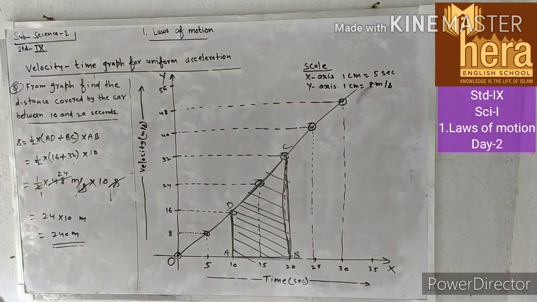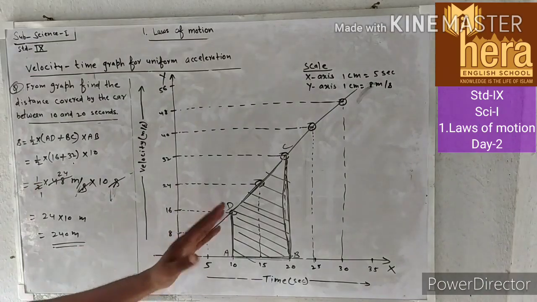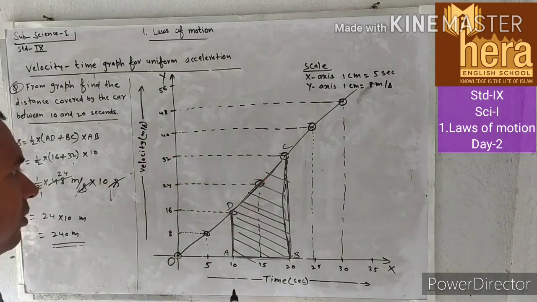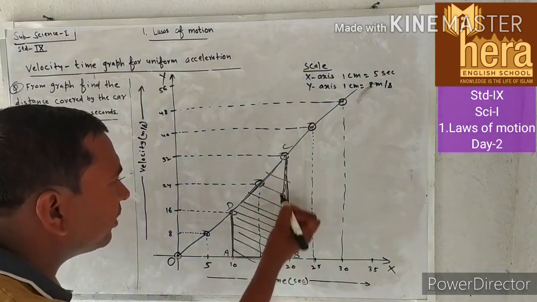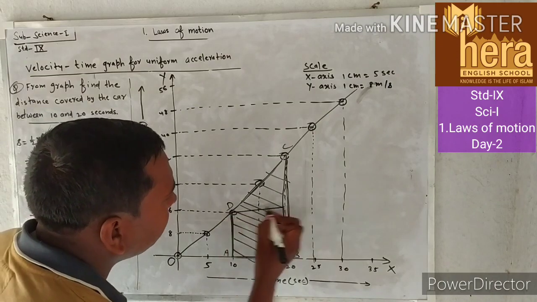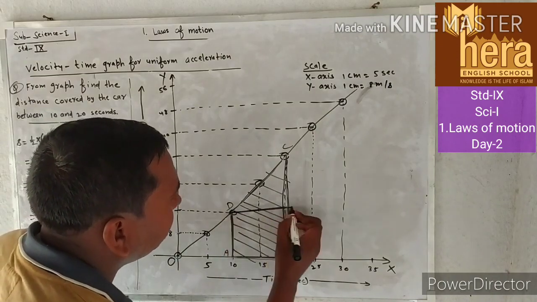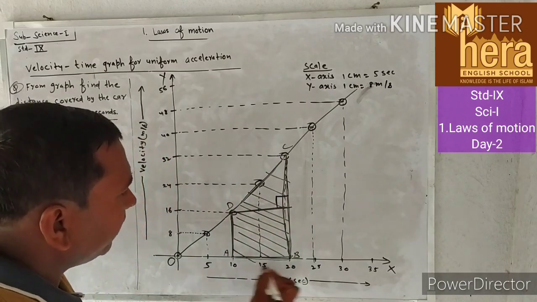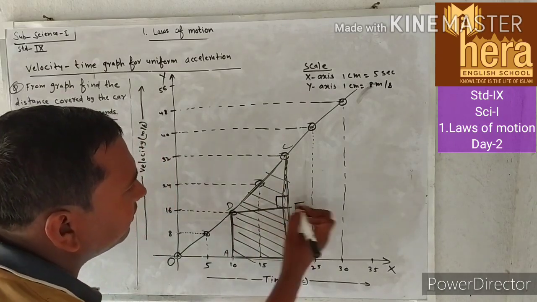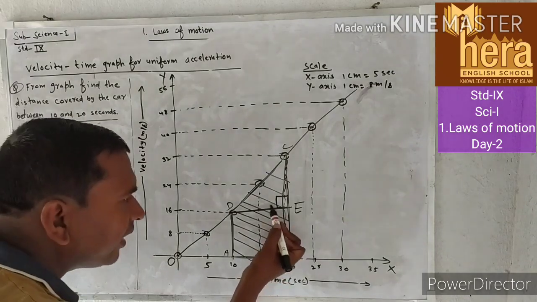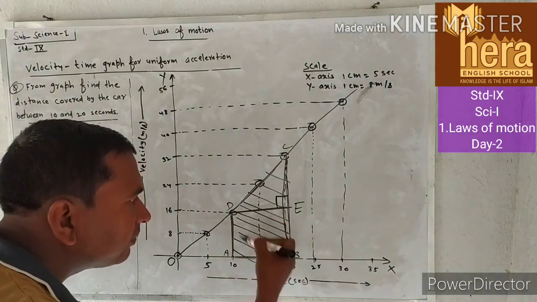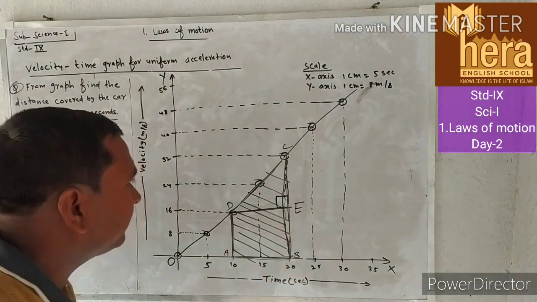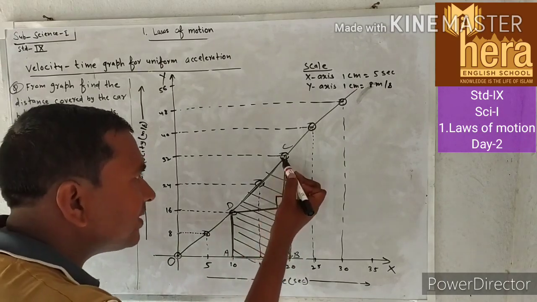One more method is there to find the distance. I will not tell here, you will find, but I will tell you how you will find. This area you have to find, okay? So you can also draw here the perpendicular. A, B, C, D, right here E. So you can find area of rectangle or area of square plus area of triangle.